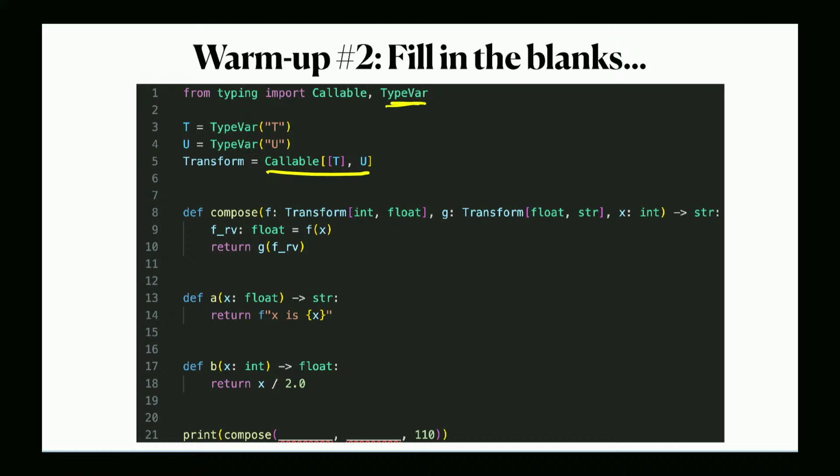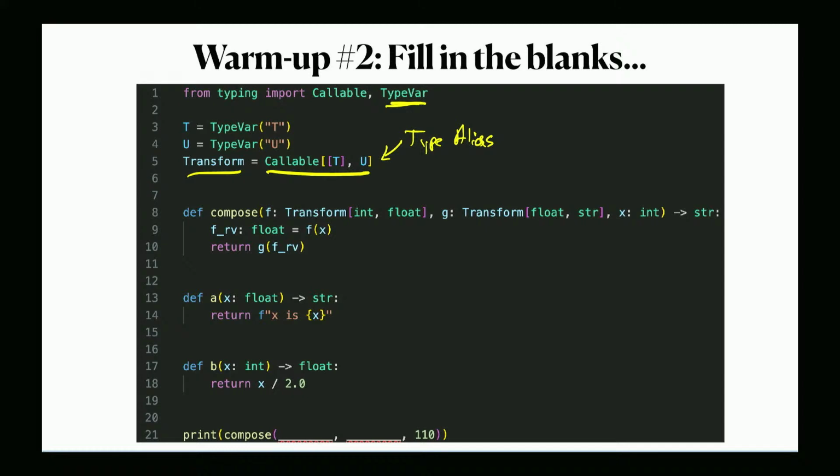And so this is an example of a type alias. We're aliasing the callable type with a generic parameter type t and a generic return type u, and we're calling this a transform, right? So we're giving the alias transform to this callable type.